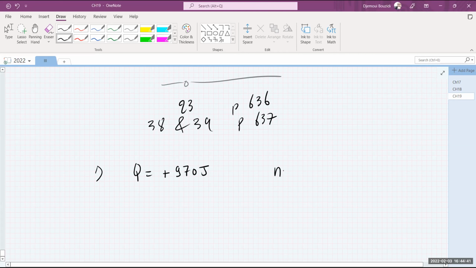So n is equal to 1.75, that's the number of moles, okay, of an ideal gas. When they say an ideal gas, I know PV equals nRT. To heat it from 10 degrees Celsius to 25 degrees Celsius. So Ti is equal to 10 degrees Celsius and Tf is equal to 25 degrees Celsius.